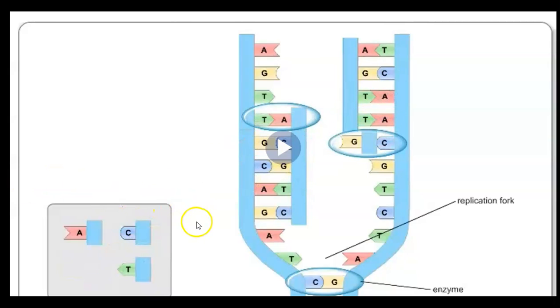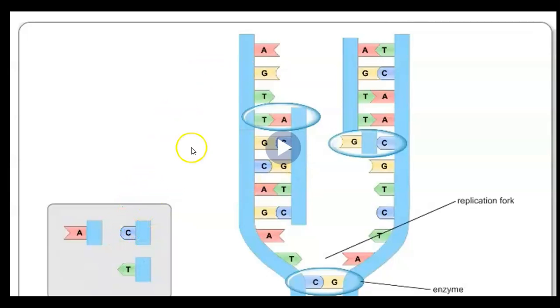Okay, so I paused it here. Remember, this clear oval kind of represents the enzyme. And when the enzyme moves up and gets to this nitrogenous base thymine, it says, oh, the matching base pair for thymine is adenine. So it'll pull in this adenine and connect it to the thymine. And then it'll move up and go to the guanine, and it'll say, oh, the base pair for guanine is cytosine.